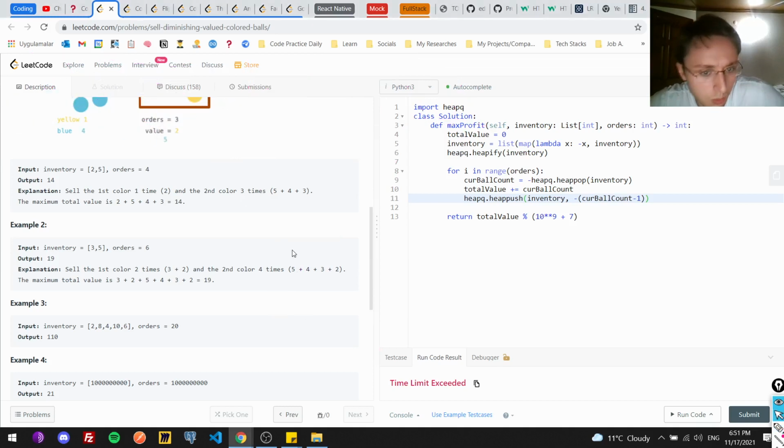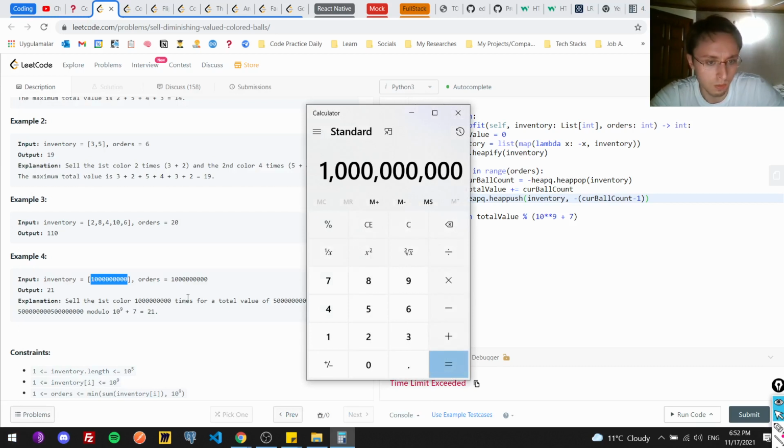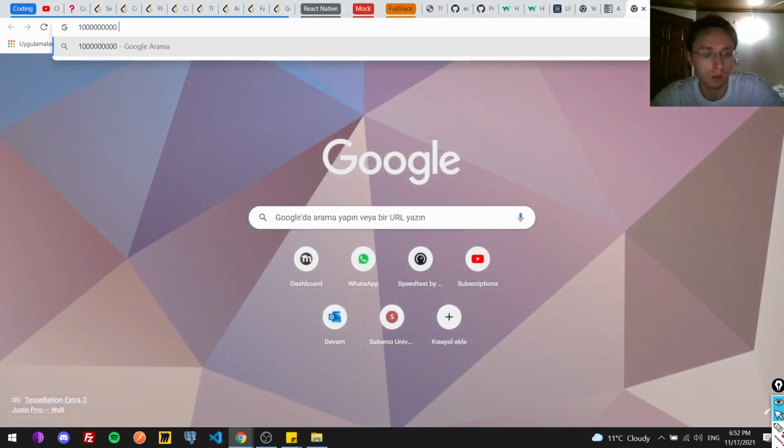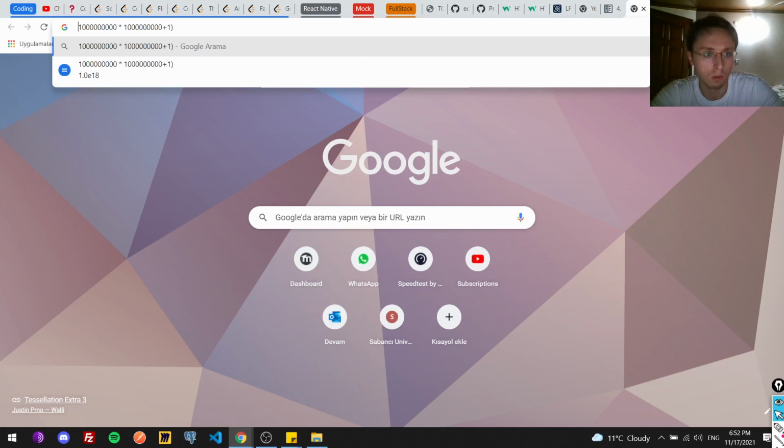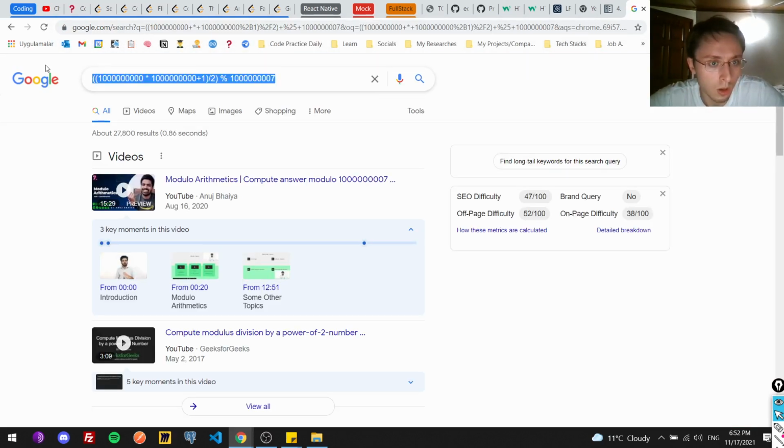Okay, so when we do that, if you want to calculate that, times, maybe just do it here, divided by 2, modulo. 1, 2, 3, 4, 5, 6, 7, 8, 9, and turn this to 7. Python.